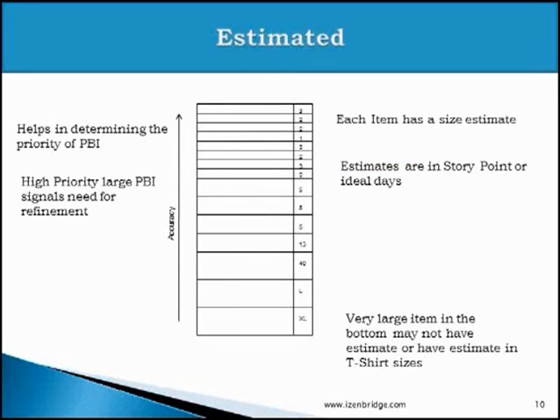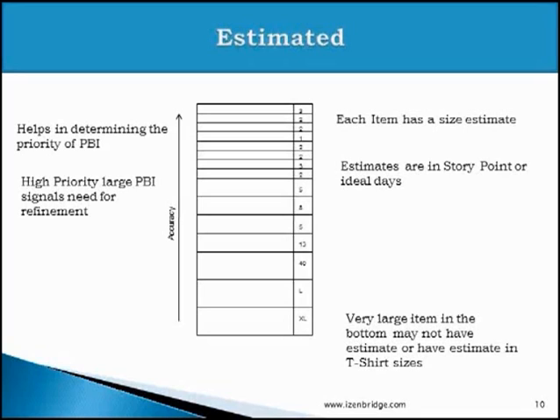The third characteristic is that a good product backlog should be estimated. All the product backlog items should have a number which represents the cost associated with developing that item.